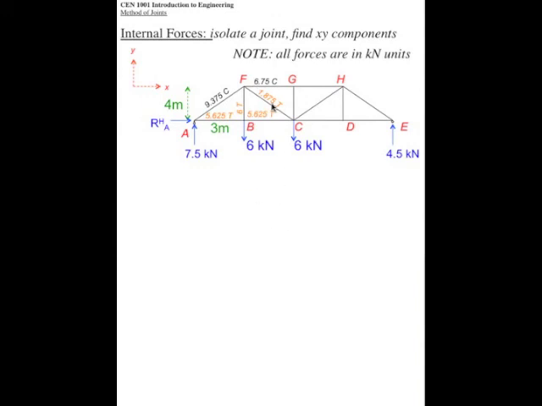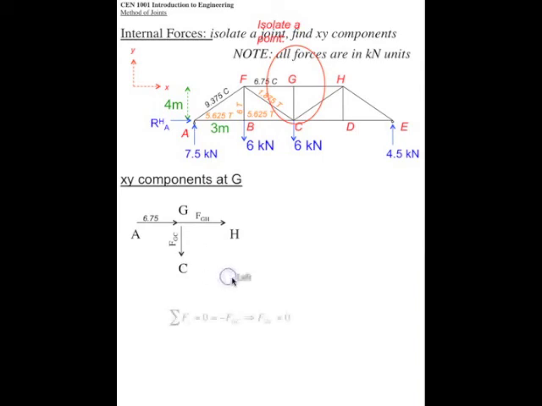Let's isolate point G. It's only got two unknowns. And there are all vertical horizontal forces. We're assuming that the unknowns are in tension. Summation of verticals. There's only one force vertical, and it's got to equal 0.